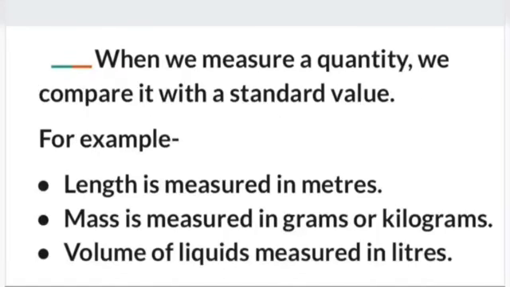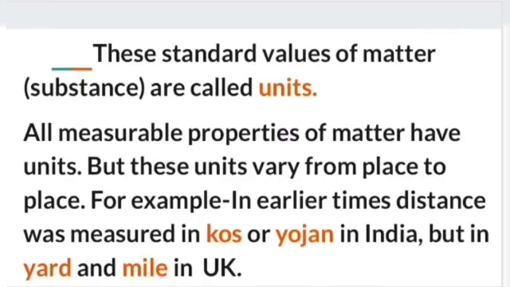When we measure a quantity, we compare it with a standard value. For example, length is measured in meters, mass is measured in grams or kilograms, volume of liquid is measured in liters, and these standard values of matter or substance are called units.